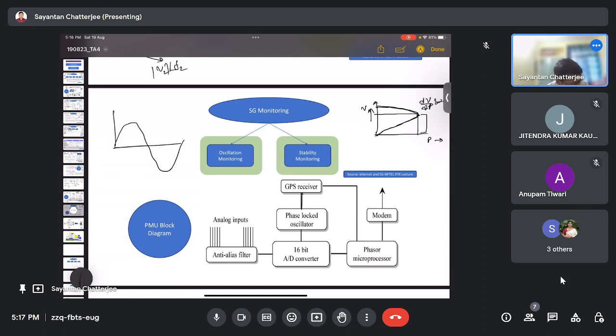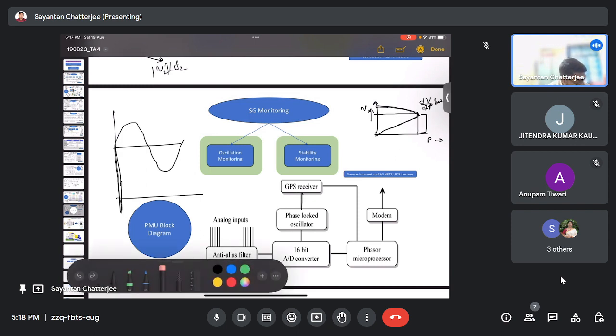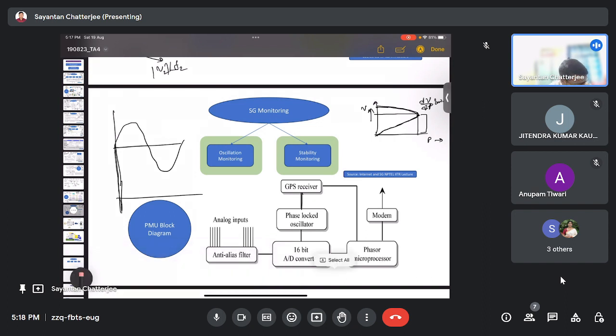suppose this is the reference signal. Based on that, the phase locked oscillator has to lock the first pulse, meaning the sampling has to be performed. So when should the sampling start? That decision has to be made in view of both the GPS receiver and the phase locked oscillator.